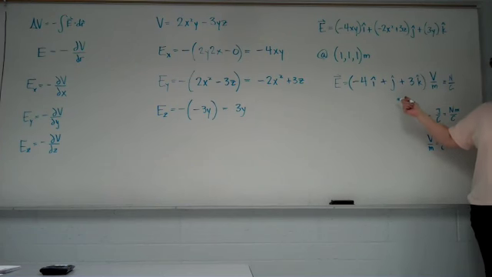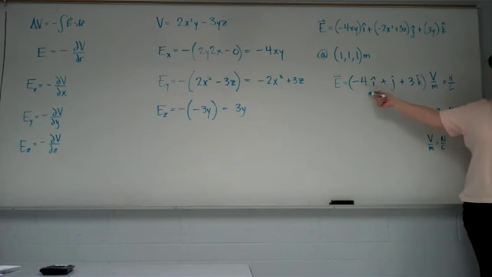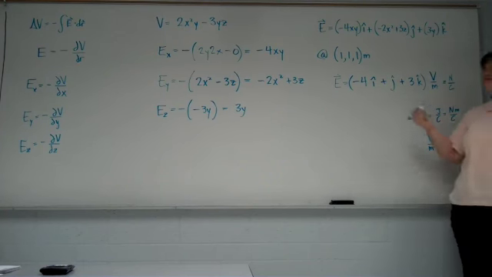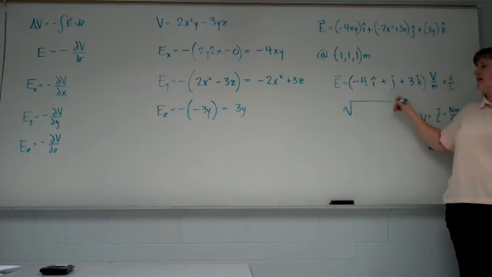It's easy to find the magnitude of the electric field as well. This is the vector notation of the electric field. It gives us the x, the y, and the z components. If you just want the magnitude, it's just Pythagorean theorem.